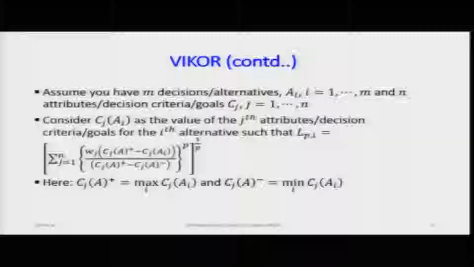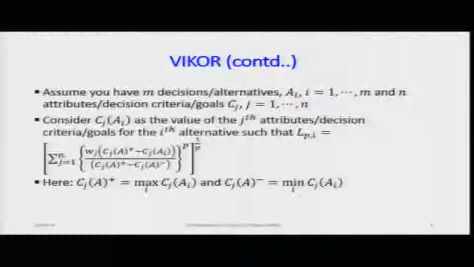So, we will consider m number of alternatives and n number of criteria, and we will consider the distance function of the mapping or the functional form as Cj(Ai), where C implies the criteria, A implies the alternative.